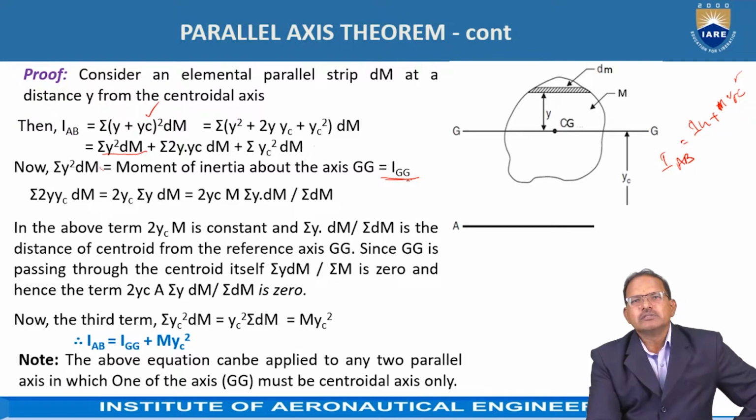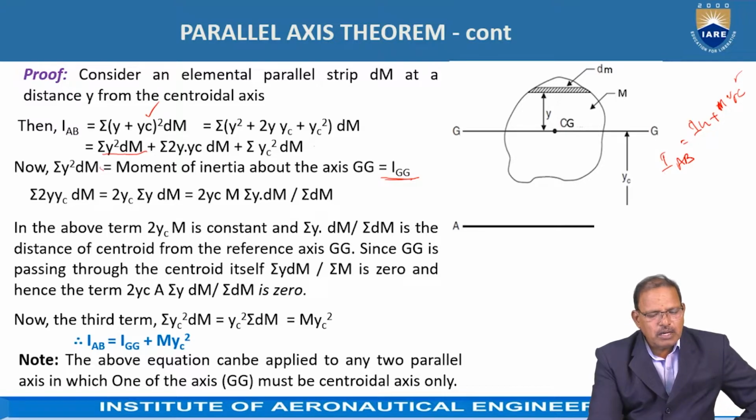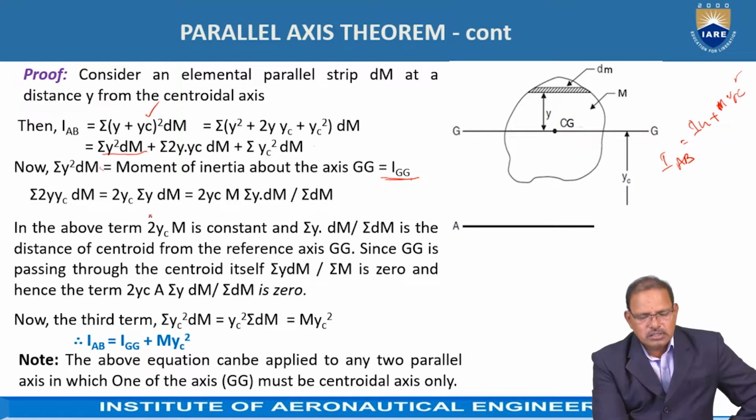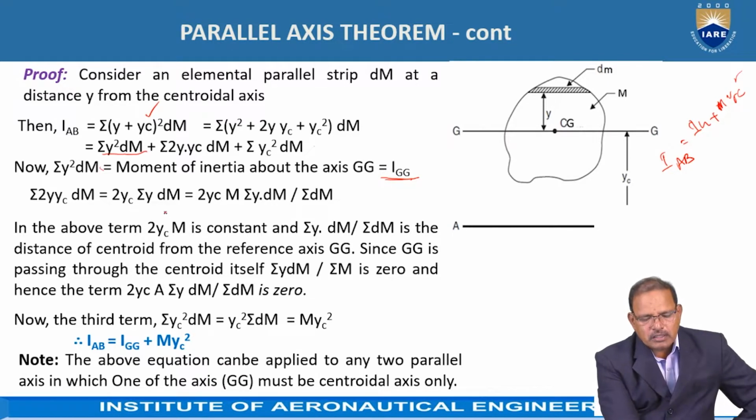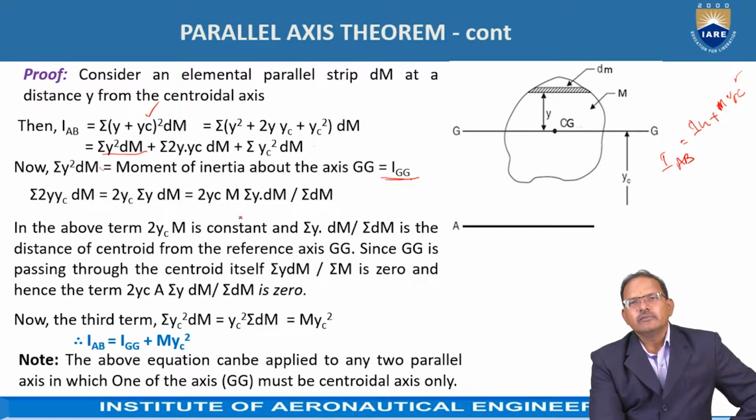The second term is sigma of 2 y yc dm. This can be written as 2 yc into sigma y dm, because 2 is a constant and yc is also constant. Here, in this equation, we are multiplying the mass in the denominator and numerator.